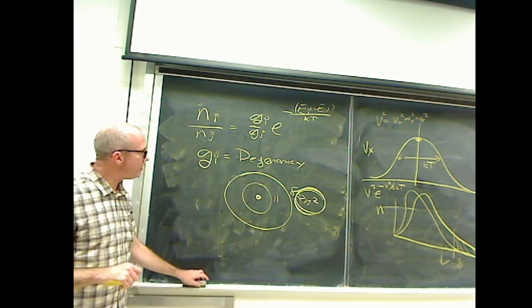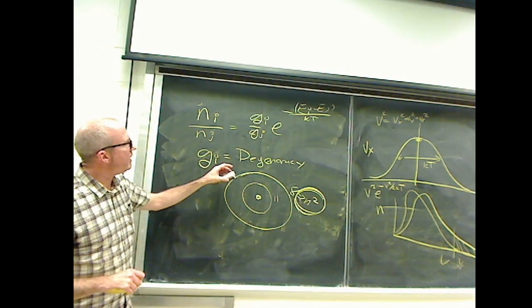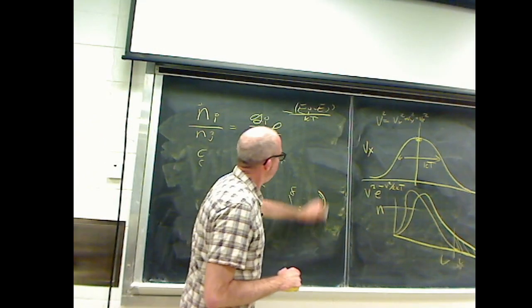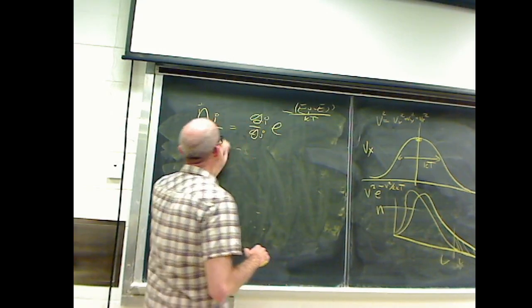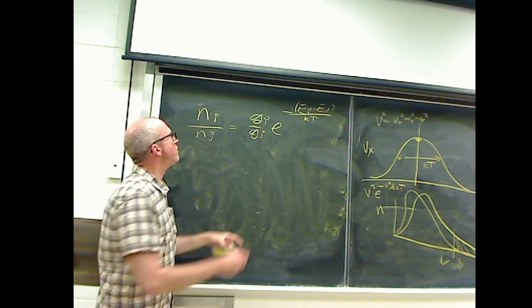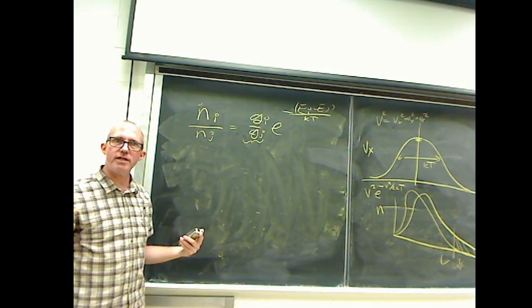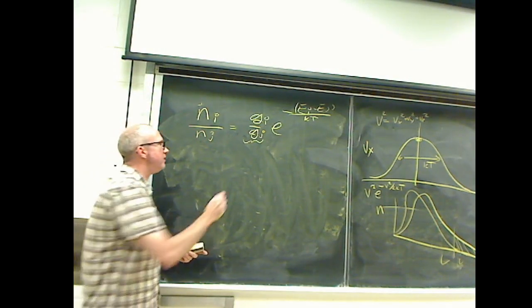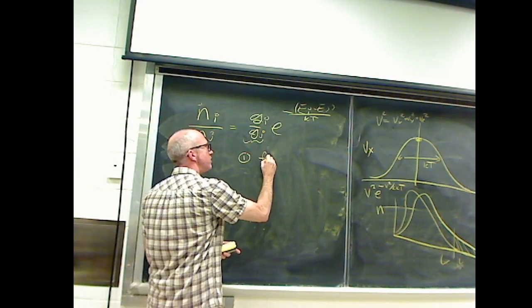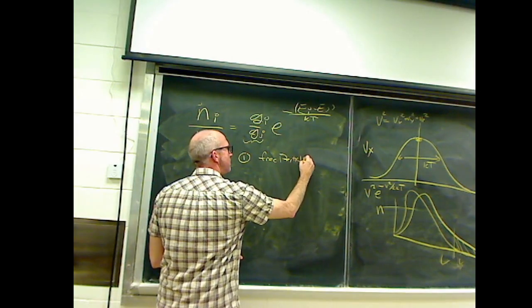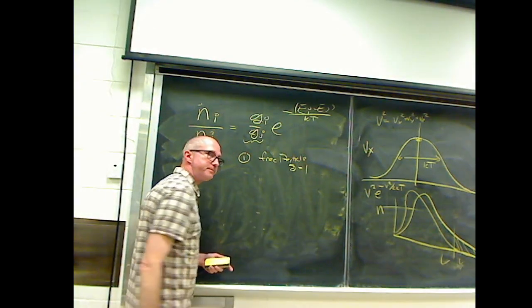So this is the degeneracy. I'm not going to talk about that other thing yet. So let's talk about the second term. You have to do some fancy stuff for that. The thing for the electrons that you're going to need: a free particle has g equals 1.